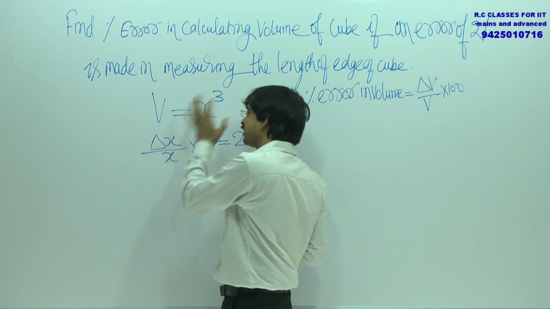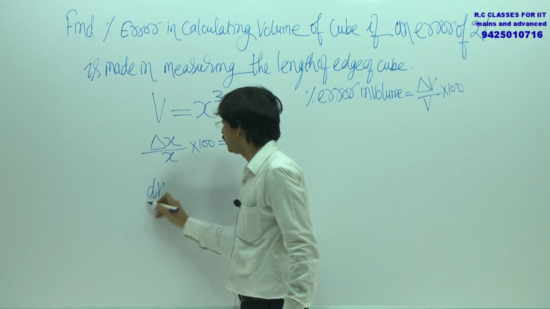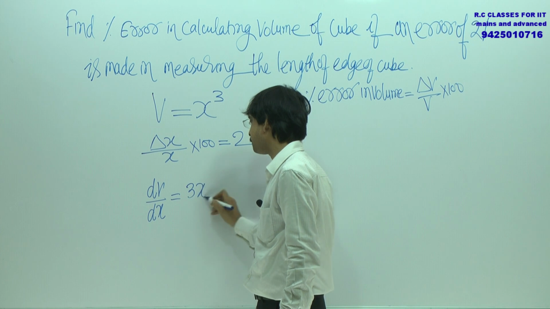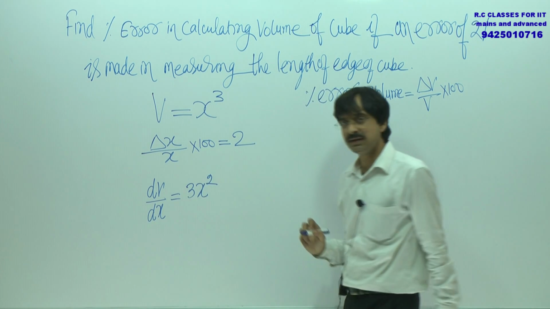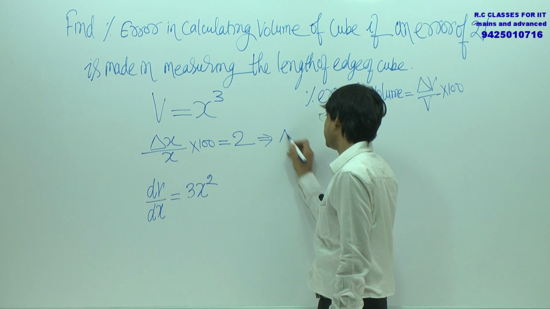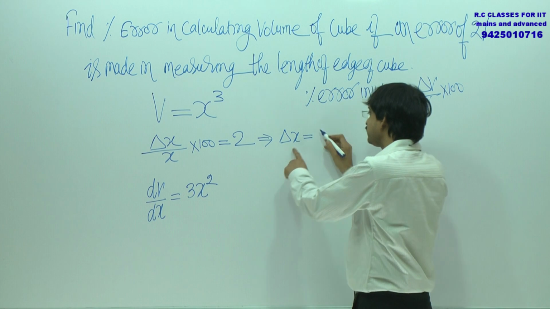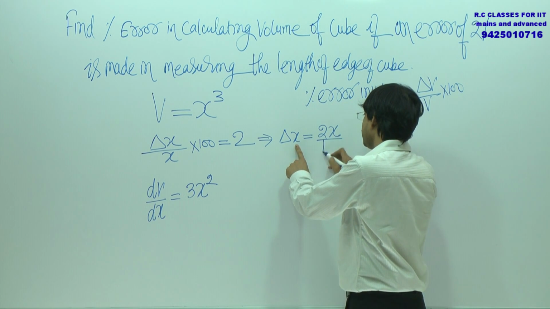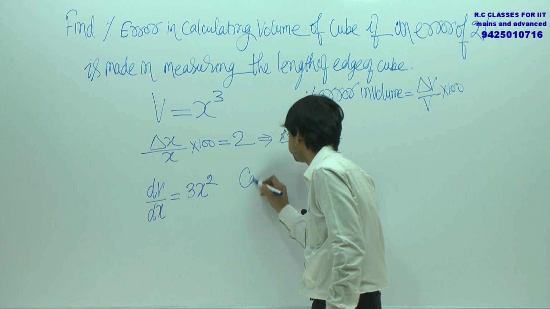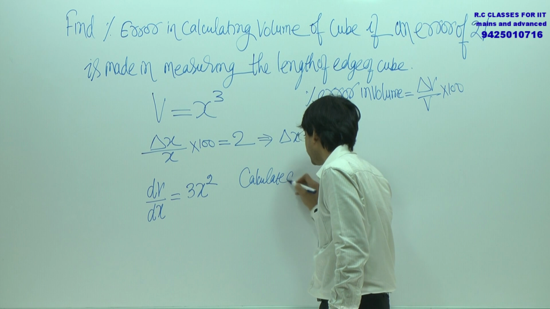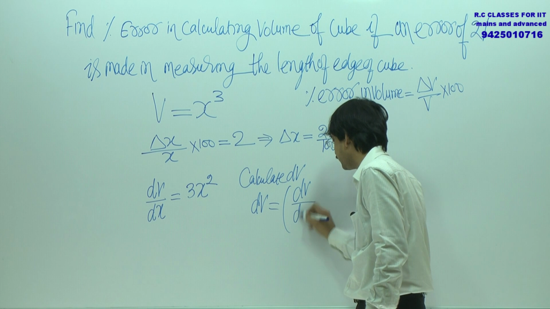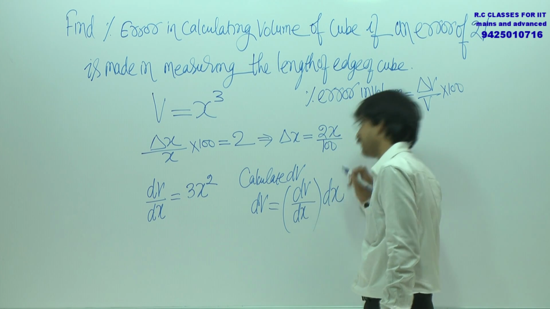So V is equal to x cube. Differentiating with respect to x, dV by dx is equal to 3x square. From here we can write delta x is equal to 2x by 100. To calculate dV, we use the result dV is equal to dV by dx into dx.